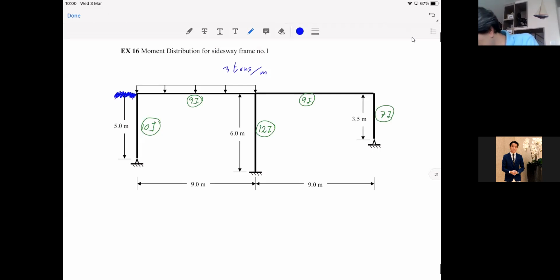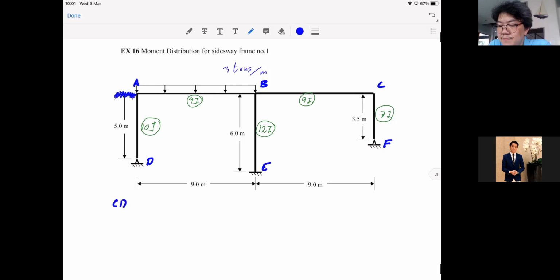So let's call that A, as usual, B, C, D, E, and F. Okay, so we're gonna take care of the relative stiffness first.